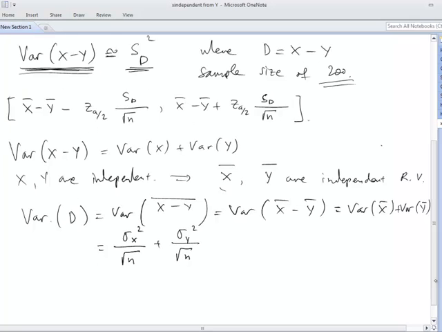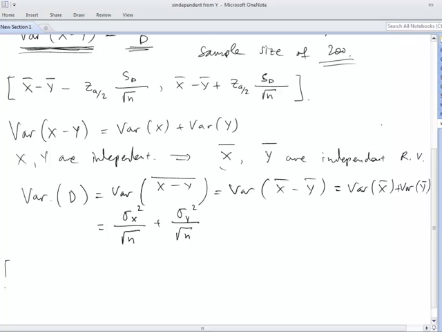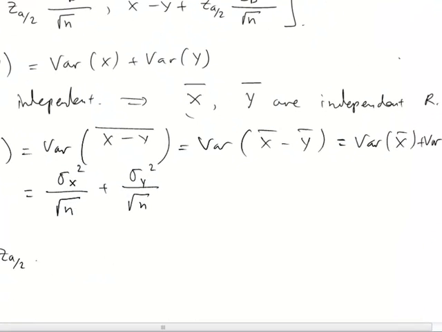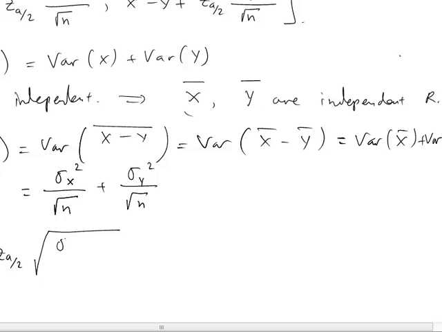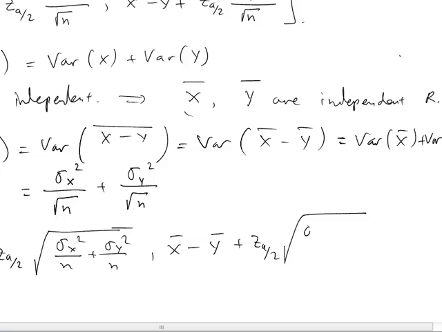Which is what I should have put. The correct interval is this. And since you don't know the values of the sigmas, you replace them with the values of the sample standard deviations. But here you don't need to do anything, because the problem already did the calculation for you.